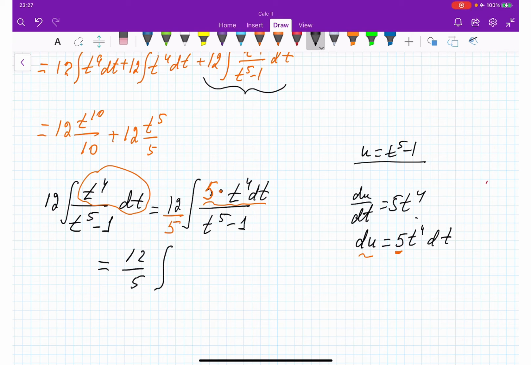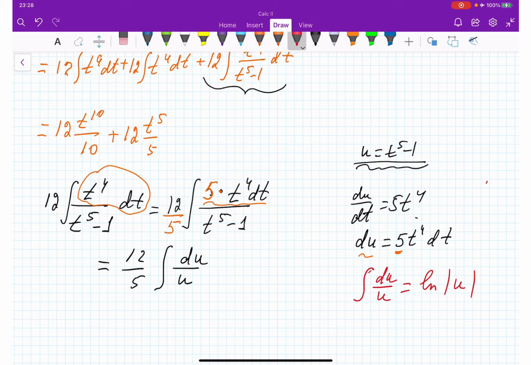integral. So in the denominator, it's going to be u, right? Because u is equal to t to power 5 minus 1. In the numerator, it's going to be du, right? Now, integral du over u is equal to natural logarithm of u, right?